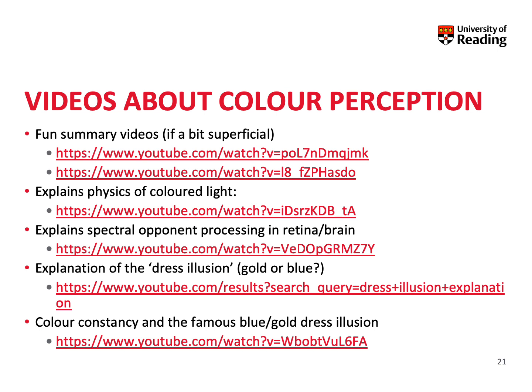So a couple of videos at the top that are more fun and superficial, and then if you want to know more about the physics of light, or more about opponent processing, or the famous illusion you might remember from a few years ago about the dress that could appear gold or blue to different people. It's exactly the same picture, but some people saw a blue dress and some people saw a gold dress. Why was that? Okay, now to actually get these links to work, you'll probably need to download the PowerPoint file from Blackboard.